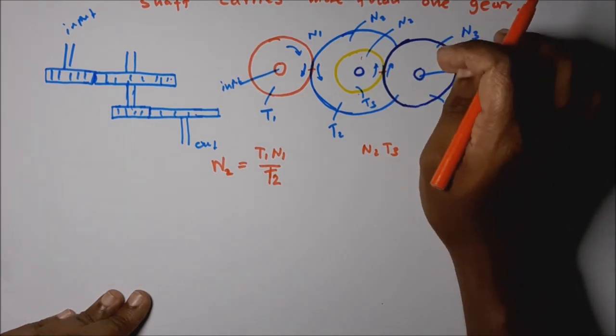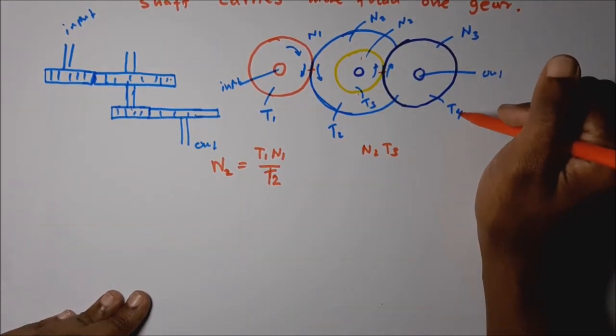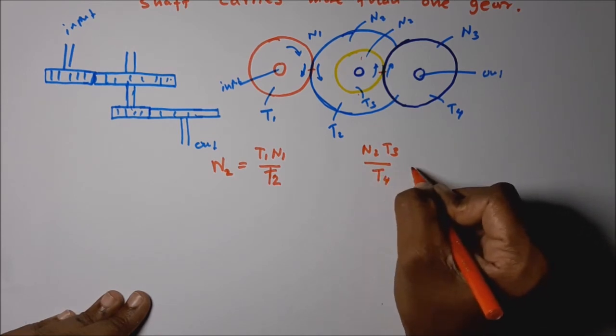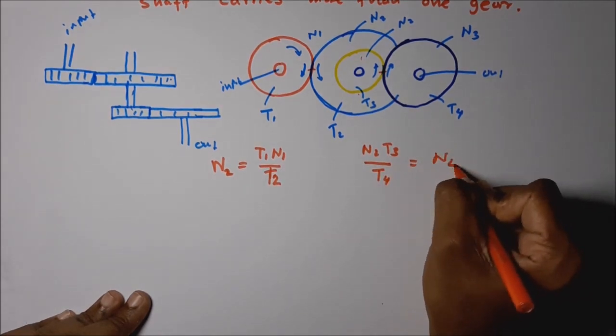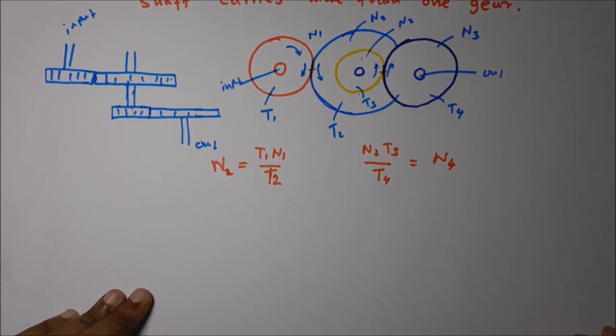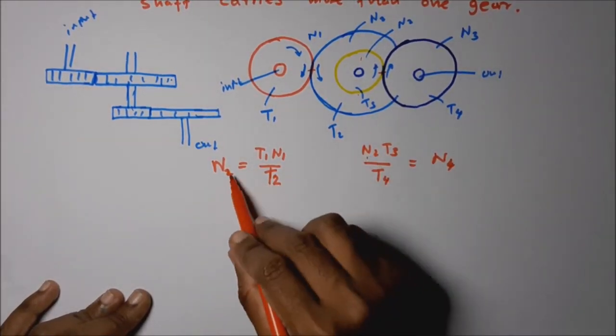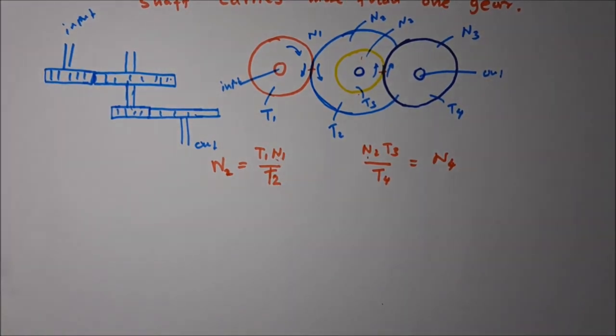If this has t4 teeth, how many revolutions does it produce? n4. In this equation, instead of n2, I am going to put this term. So what happens?